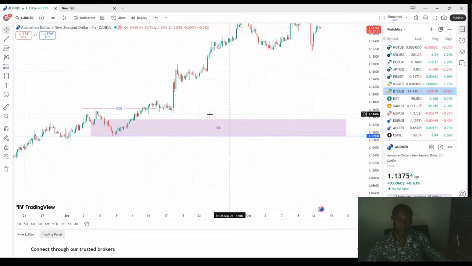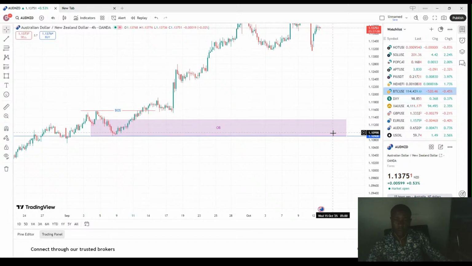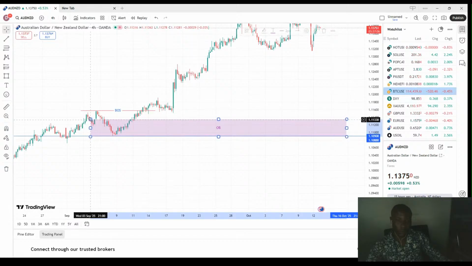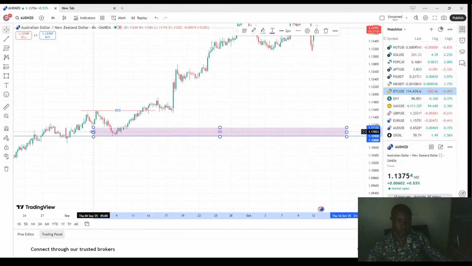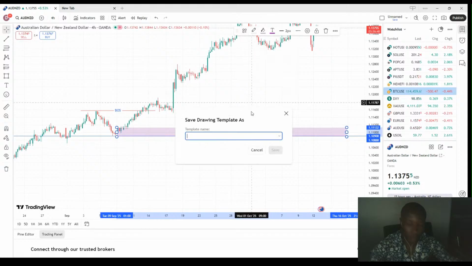And the 4 hours is still this place, and we'll narrow this down to this demand level. This is a demand. Let's save this demand.